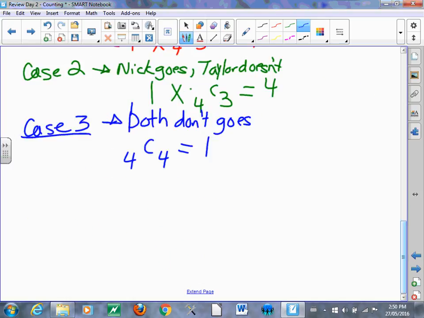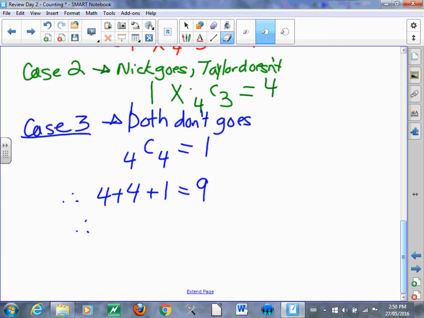Okay, so we have to add them up. So therefore we take 4 plus 4 plus 1 equals 9. So 9 ways for the situation.